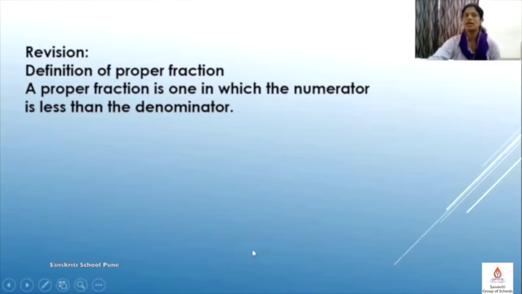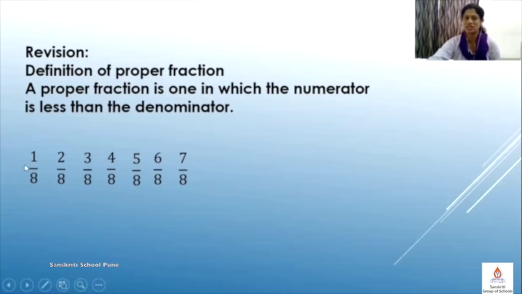Let's revise the definition of proper fraction. A proper fraction is one in which the numerator is less than the denominator, which means the numerator can be fulfilled with just one object. 1 upon 8, 2 upon 8, 3 upon 8, 4 upon 8, 5 upon 8, 6 upon 8, 7 upon 8.